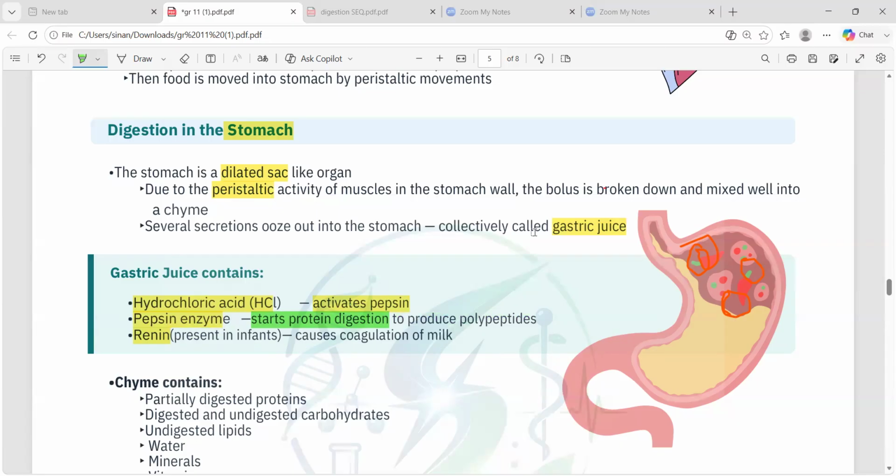This is also an MCQ point you all have to remember, because there might be a question like: where does the digestion of protein start? Is it mouth or stomach?